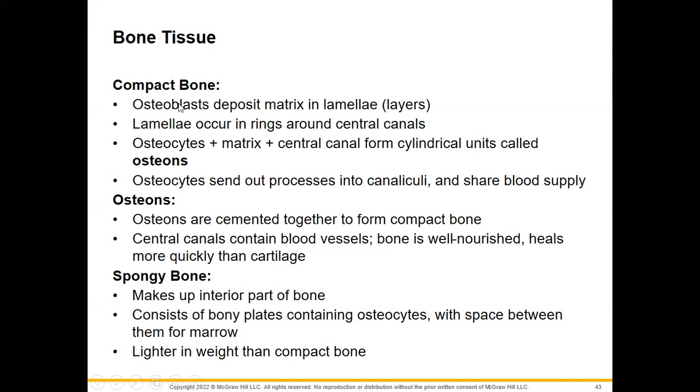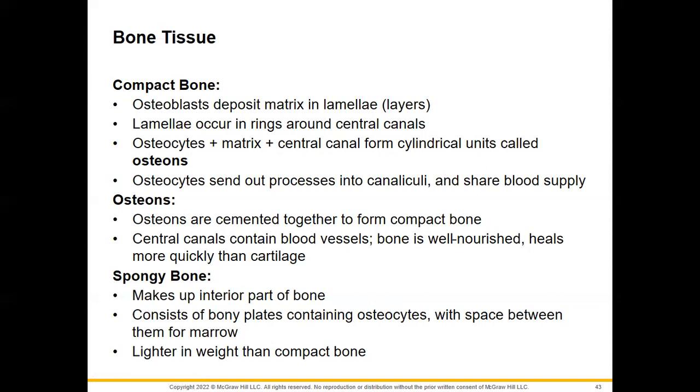So osteoblasts deposit matrix in lamellae. The word lamellae basically means layers. So in compact bone, these bone cells are going to start putting down their matrix, their substance, in layers. So then the lamellae are going to form these rings around a central structure.